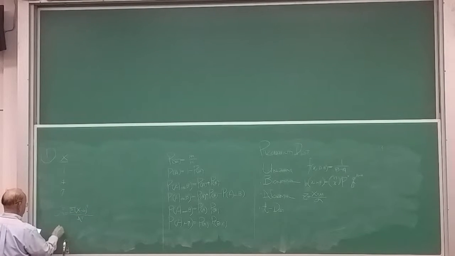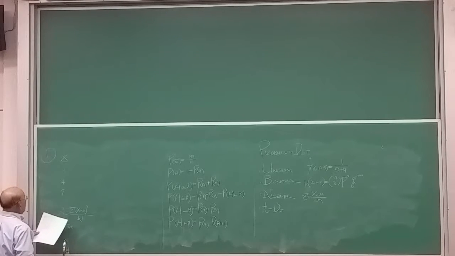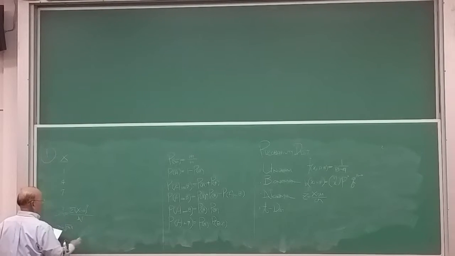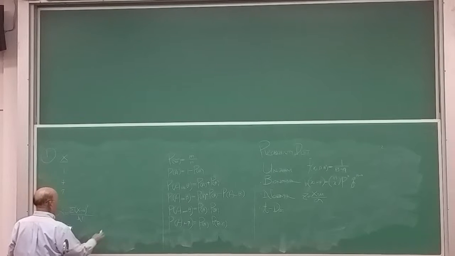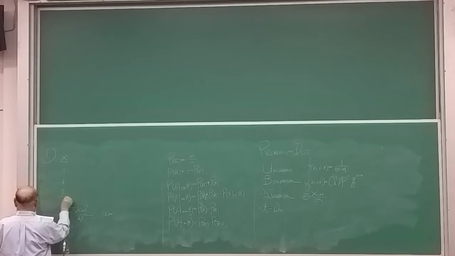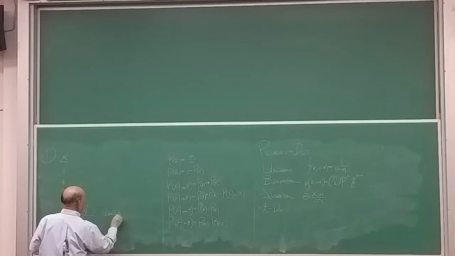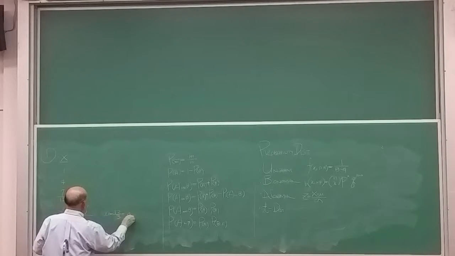To do that, first we have to get the mean. Mean is the sum, 12, over 3, which is 4.